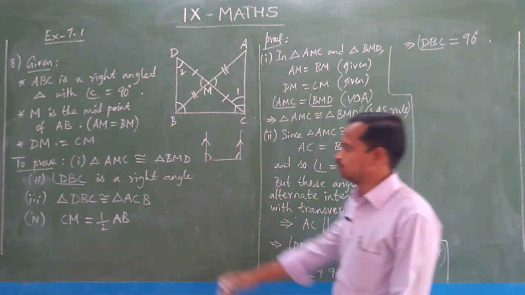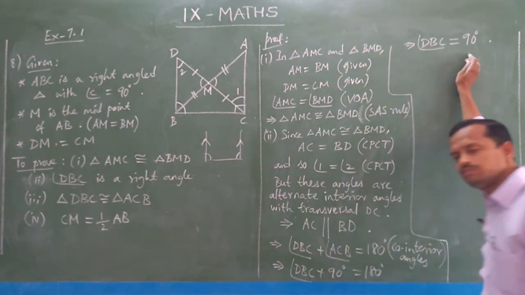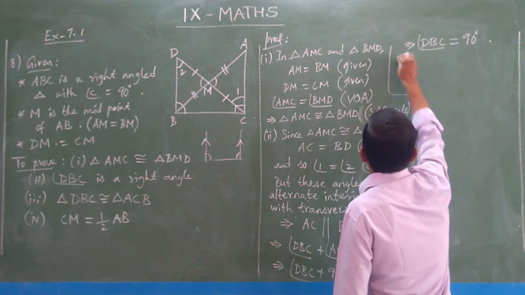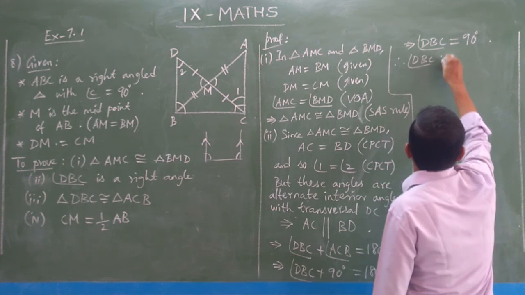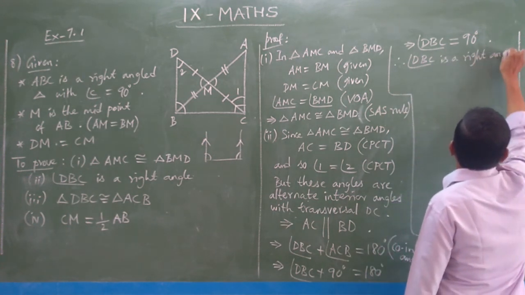And so we prove DBC is a right angle. That's all. 90 degrees means a right angle. Therefore, angle DBC is a right angle.